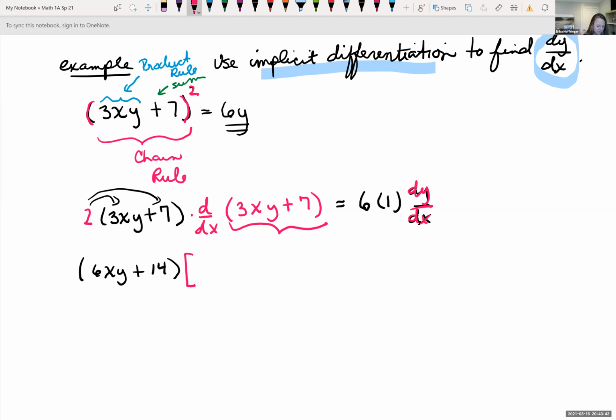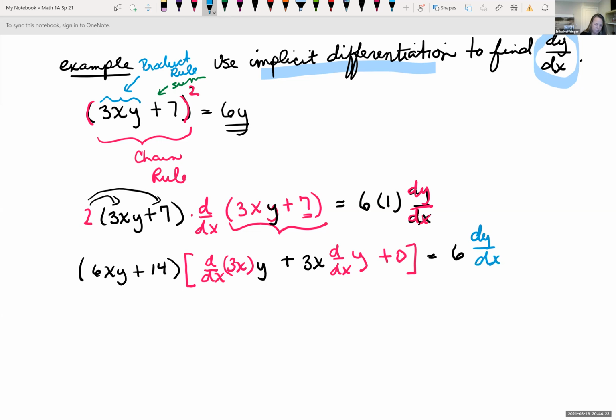So that would be the derivative of the first, d/dx of 3x, times y, plus the first, 3x, times the derivative, d/dx, of the second, which is y, plus the derivative of 7, so plus 0, equals 6 dy/dx. So let's keep that parentheses, I'll leave it alone. So we have the 6xy plus 14.